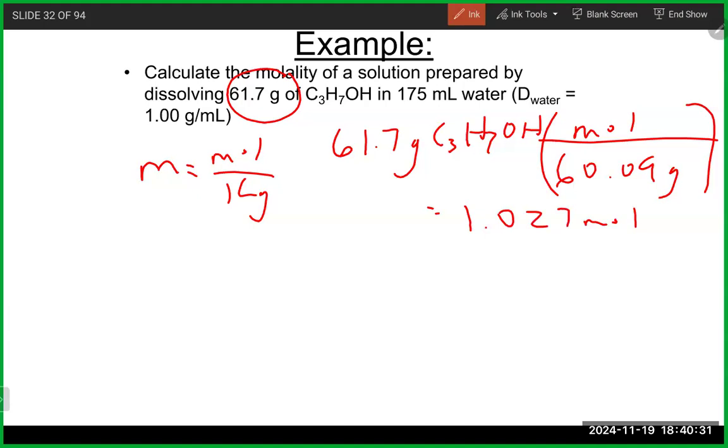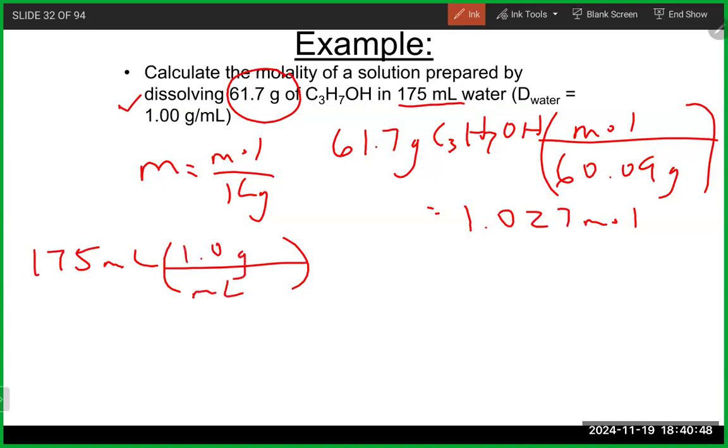Now, in this case, we're not given the grams of water, which is our solvent, but we are given the volume, and we do have the density of water. So we could use the density formula there to convert that into grams. That is 1 gram per milliliter. Milliliters cancel. But remember that we don't want grams of our solvent, we want kilograms.